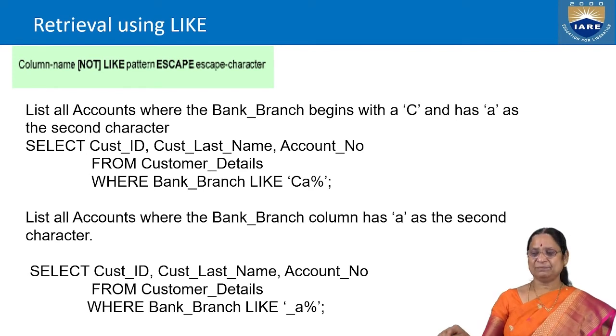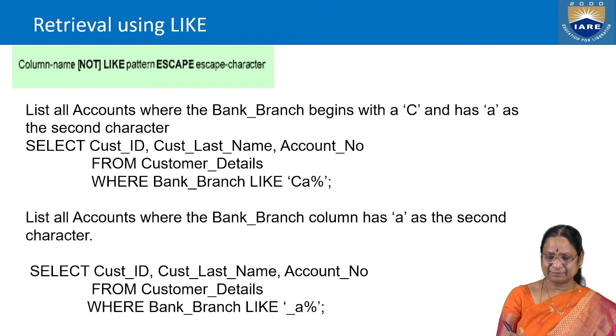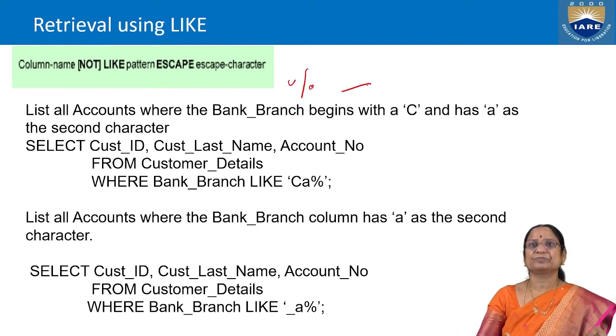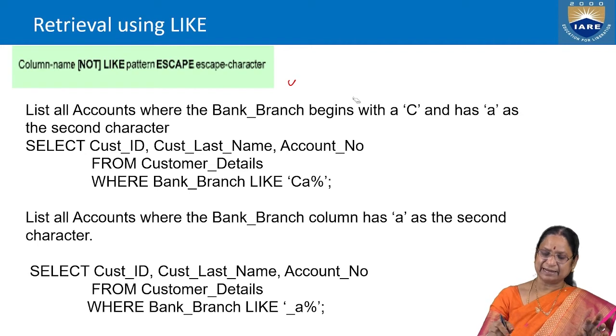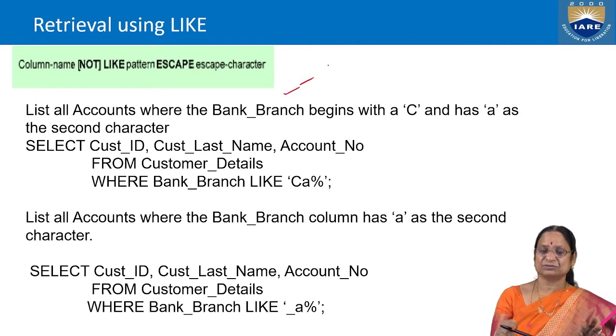Escape means it may be either the percentile symbol or it may be underscore. Escape character indicates replacement. Percentile indicates multiple characters. Underscore indicates a single character. If two characters I have to write, I have to consider two underscores.